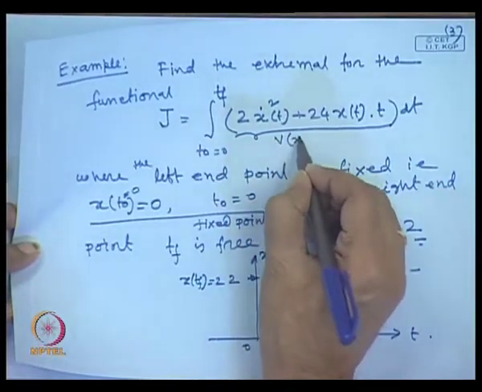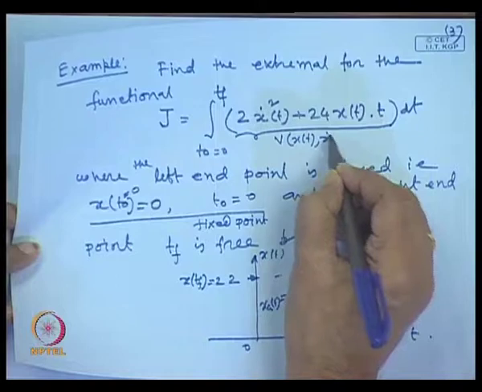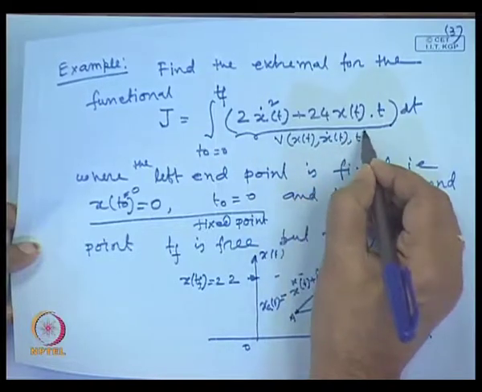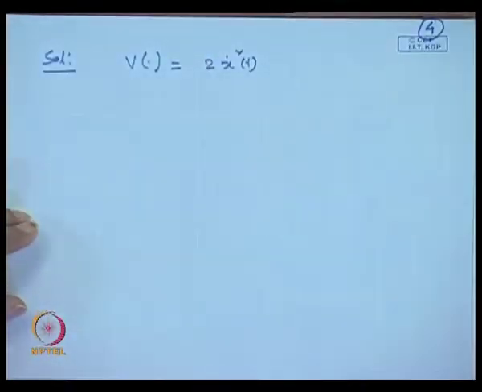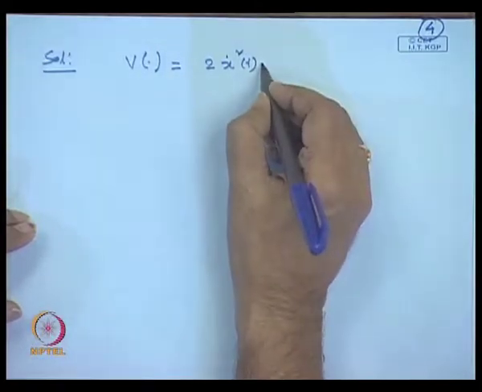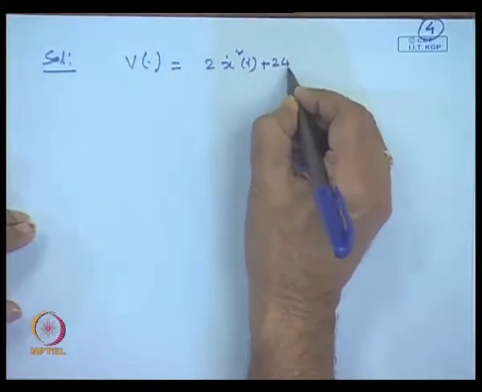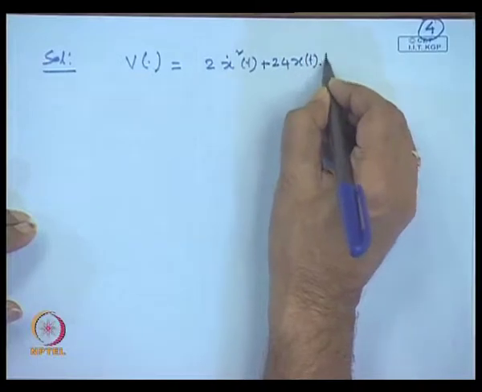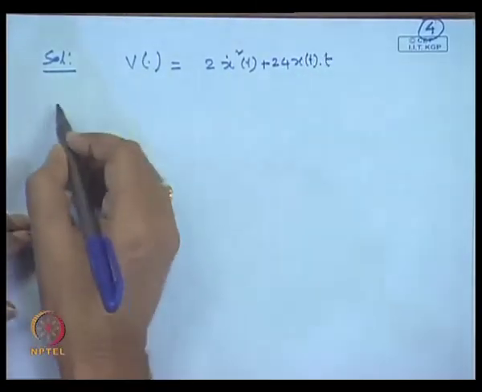V is a function of x of t, x dot of t and t. So, write the Euler's equation.